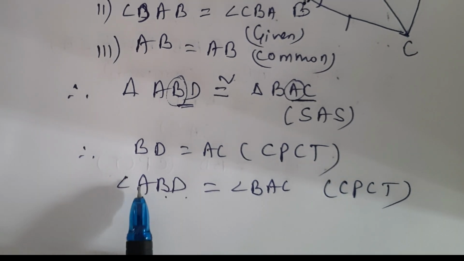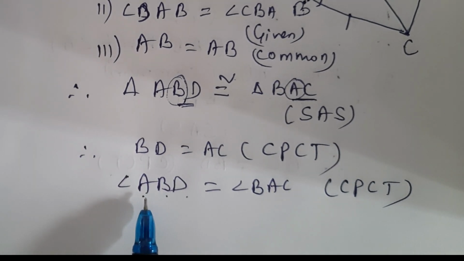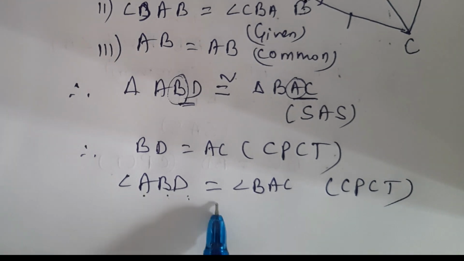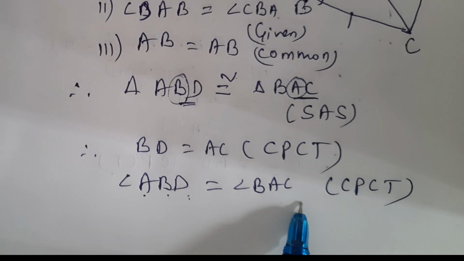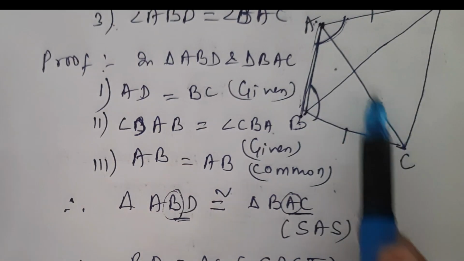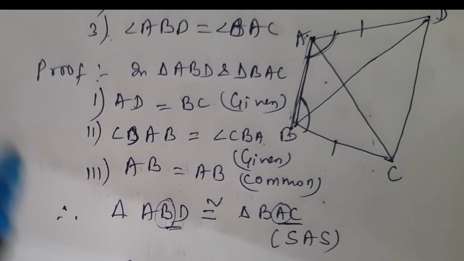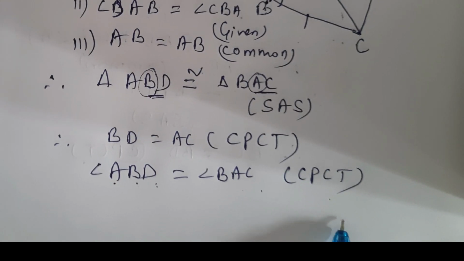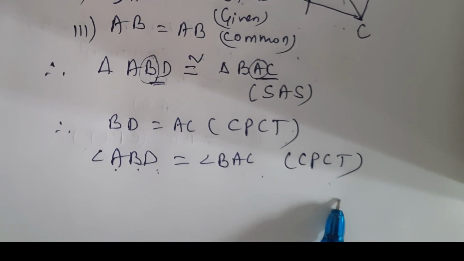So here, the third proof they gave is to make angle ABD equal to BAC. So how did we make that? By CPCT. Already we made the triangles congruent. So when we prove that triangles are congruent, we can make the corresponding parts equal.